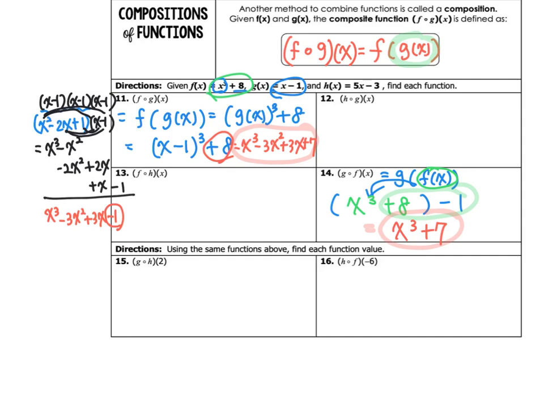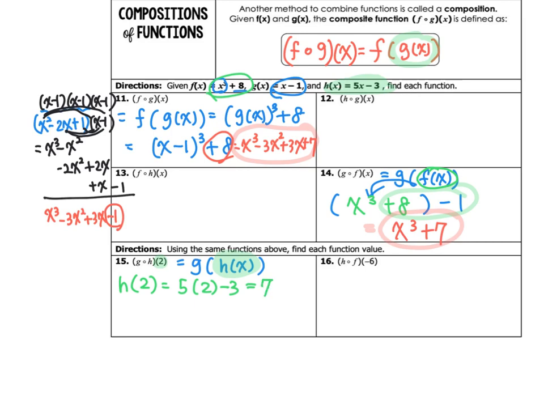Number 15. So that means g of h of x, right? So let's find the inner function, h of x, first, where we're going to plug the value 2 into h of x. So h of x is right here, 5x minus 3. h of 2 will be 5 times 2 minus 3.